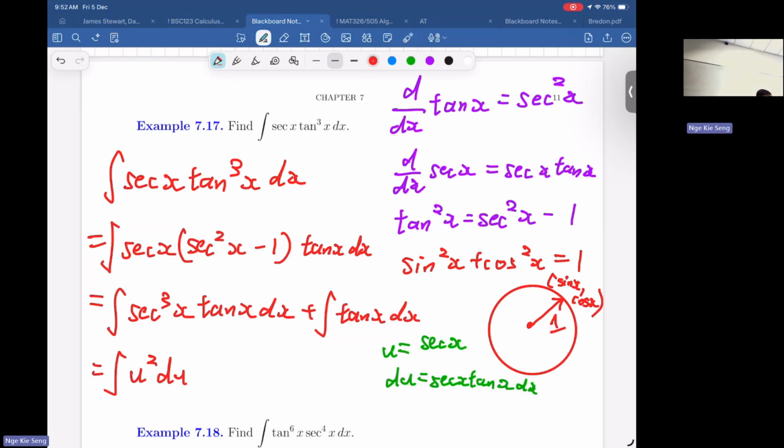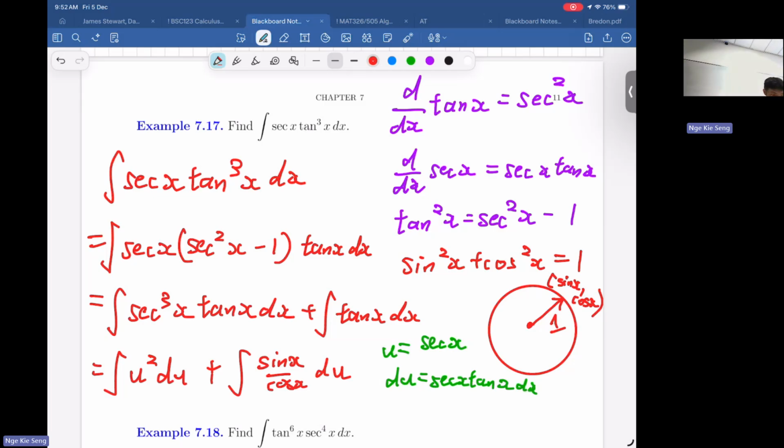How about tangent x? Have we integrated tangent x before? What's a nice way to integrate tangent x? You can write tangent x as sine x over cos x. So you can see that the function appearing together with its derivative is also a nice place where you can do substitution. So you substitute cos x.